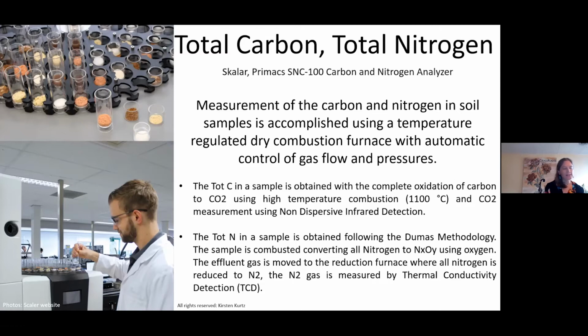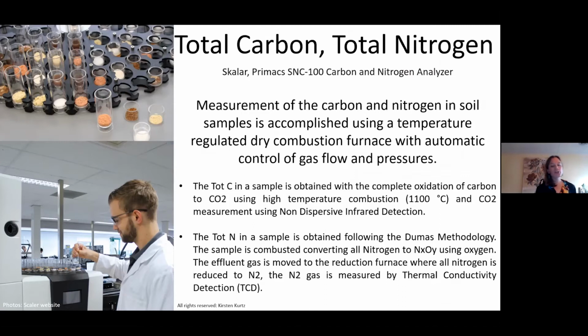The machine will pull in the samples individually and subject them to different temperatures. The total carbon is obtained by completely oxidizing that carbon to CO2. This is done using a very high temperature combustion, 1100 C. And then that CO2 is measured using a non-dispersive infrared detection.